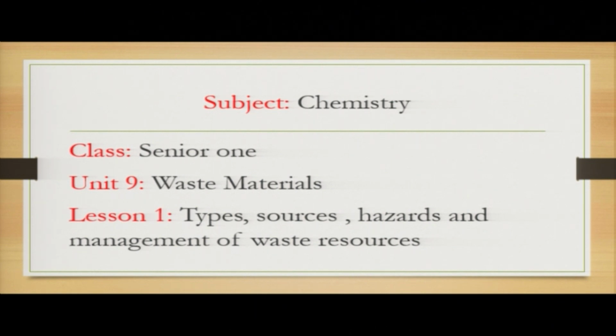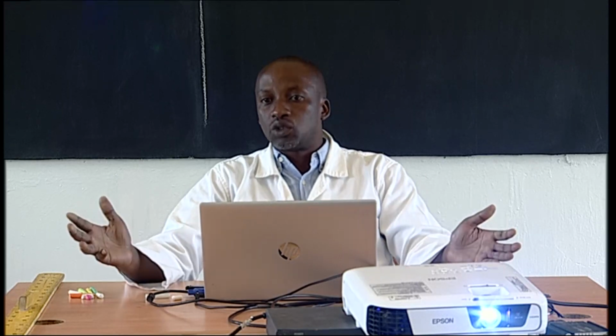If you're at home, you produce wastes. Either you are in the kitchen, there are some leftovers. I'm sure that one happens. When you finish eating, there are some which are left. When you're at school, you find some papers scattered in class, and you say they are wastes, you don't need them, you throw them in the dustbin. Those are the wastes you produce.